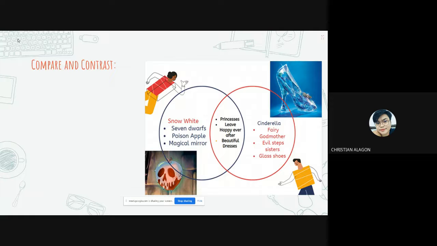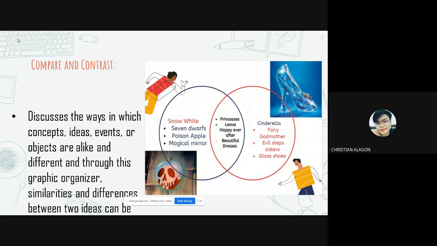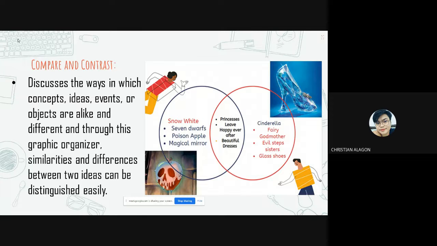And also the contrast is that they are both princesses and they live happily ever after and they also have beautiful dresses. So the meaning of compare and contrast is to discuss the ways in which concepts, ideas, events, or objects are alike and different through this graphic organizer. So similarities and differences between two ideas can be discussed easily.